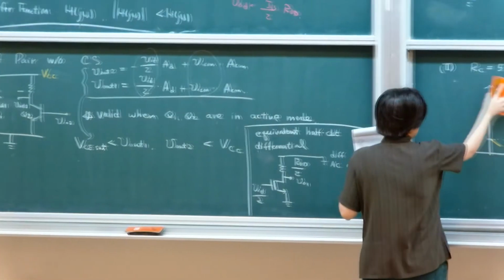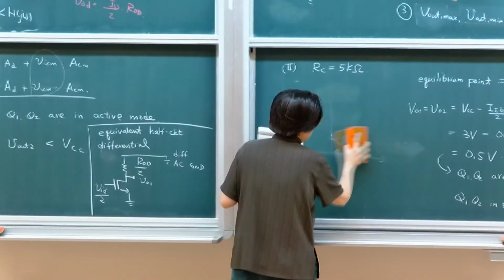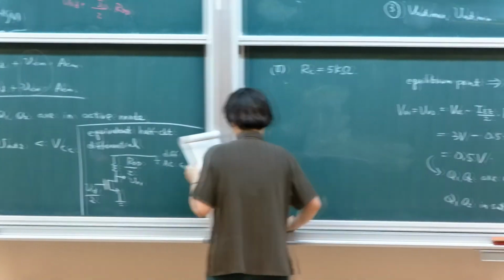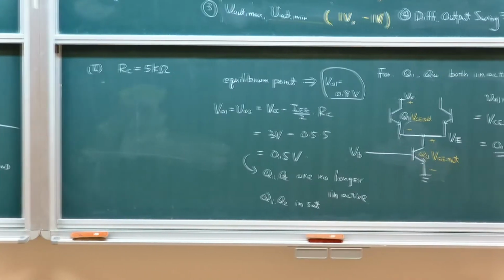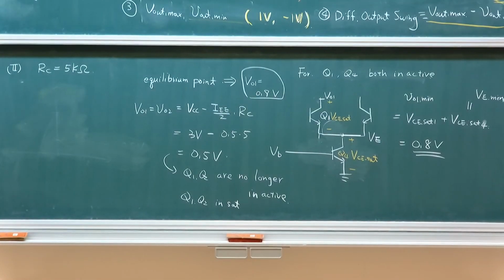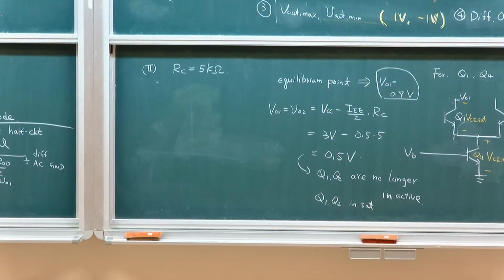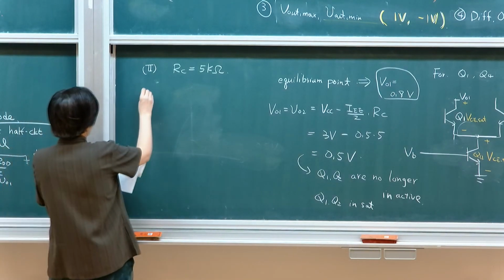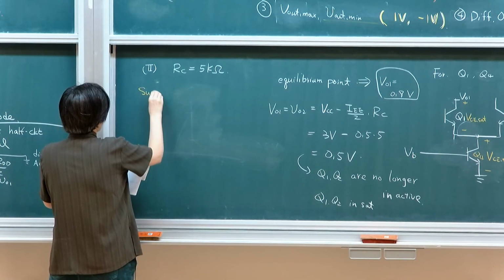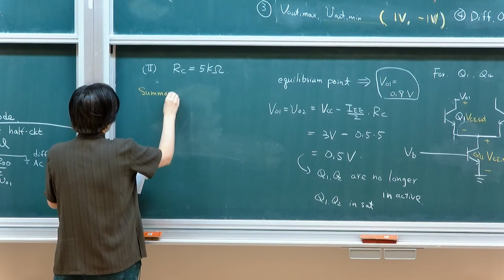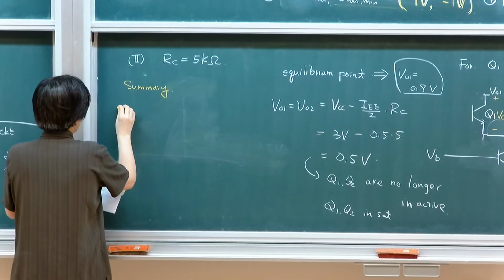make a summary. We know that this doesn't function, so we don't actually need this. I want to just remind you what the key points are that you need to take home on chapter 10 on differential pair. So I'm just going to make a summary of the key points one needs to know.